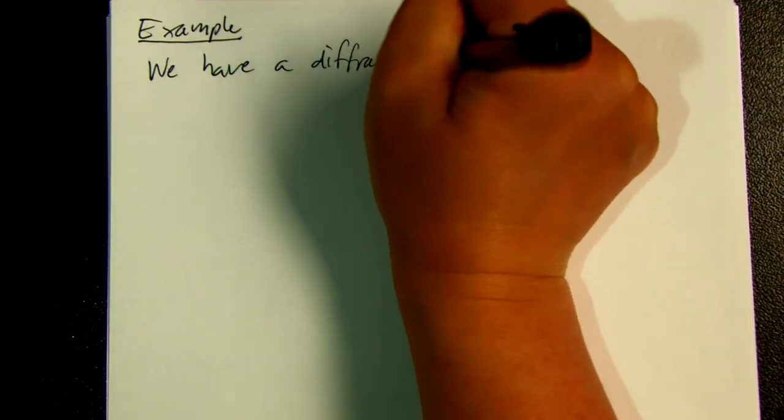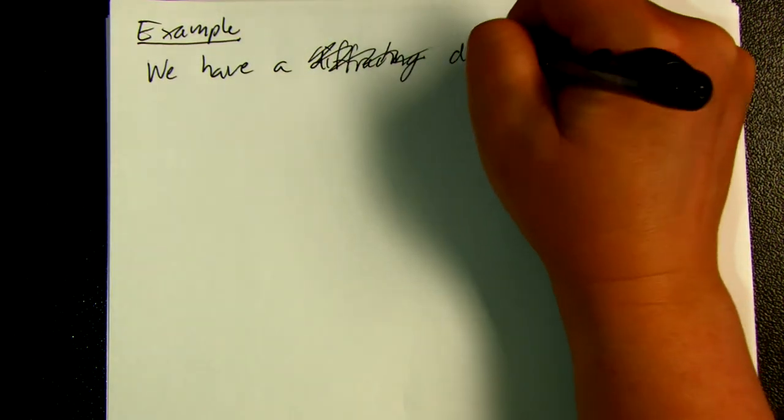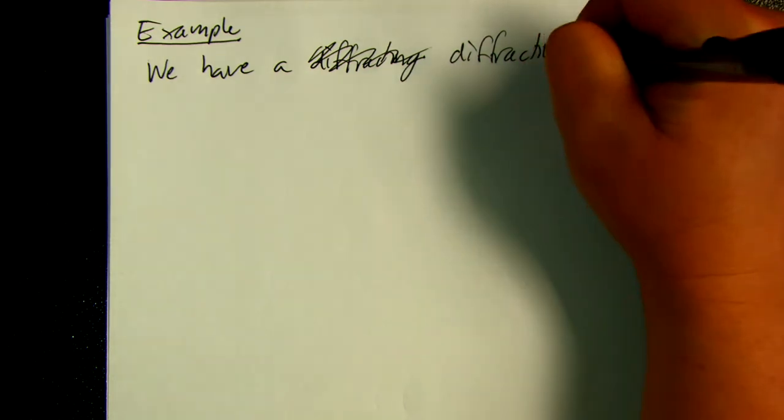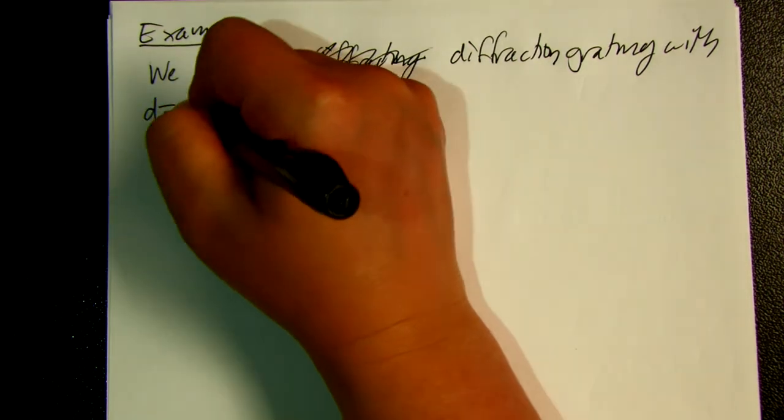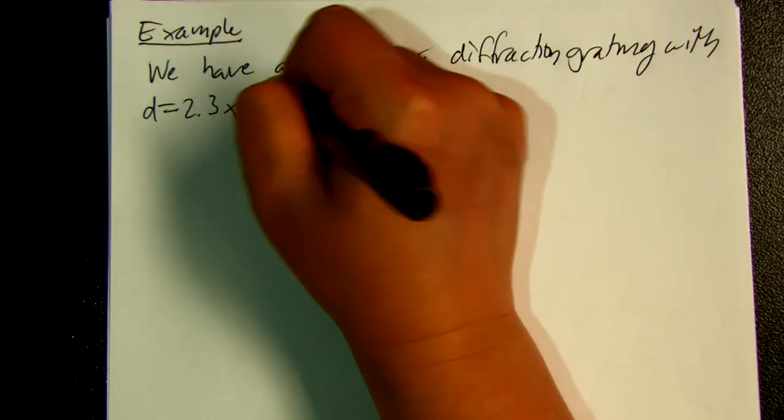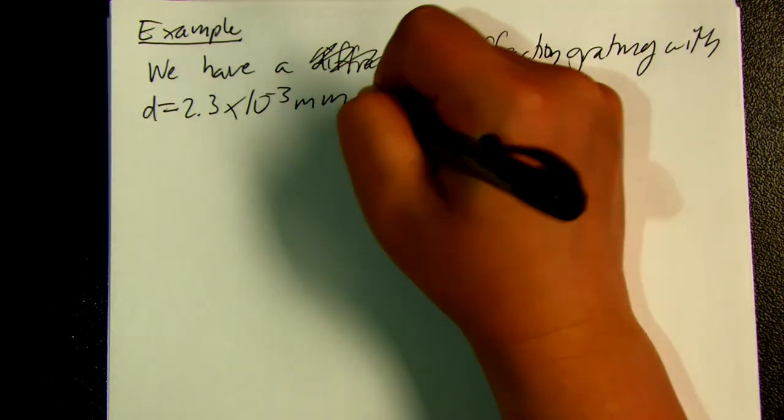All right, so let's do an example. We have a diffraction grating with d equal to 2.3 times 10 to the minus 3 millimeters.